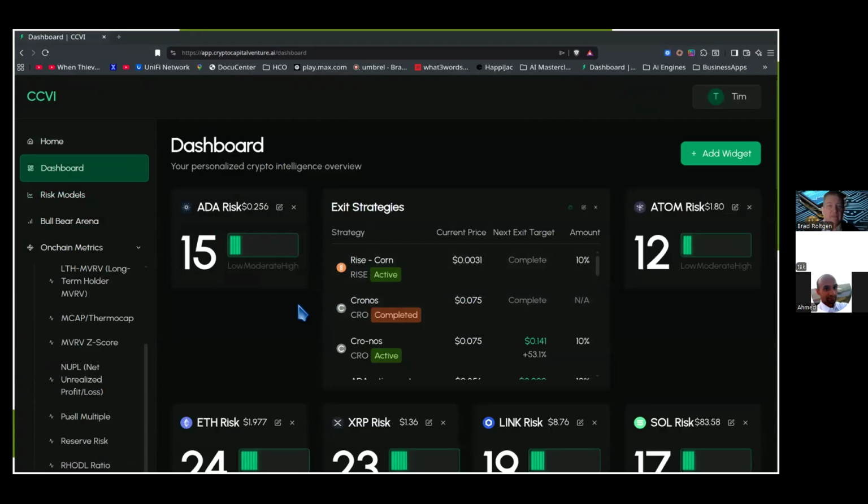these are all little widgets, if you will, that you can add in or remove from your dashboard.